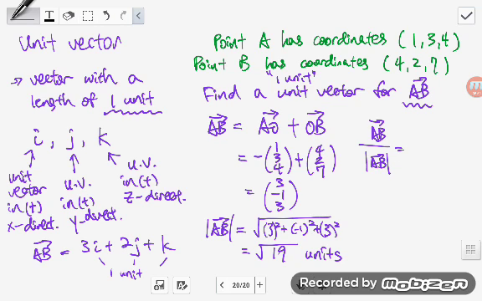So I have 1 over my magnitude. I have already found the length. The length is square root 19, right? And my vector AB is equal to 3, -1, and 3. And I can leave it like that, actually. So this is my unit vector in the direction of AB.